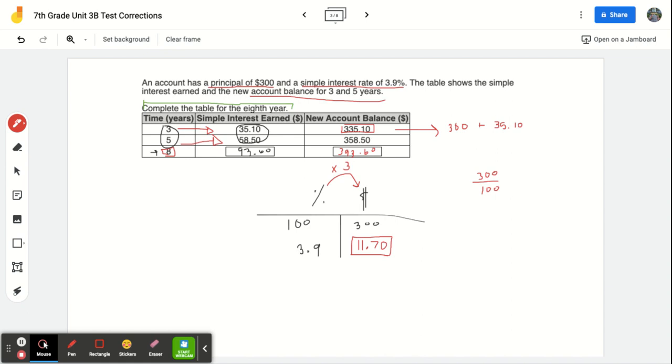So you just multiply that number by 8. So take $11.70 times 8, and you get $93.60. So without using the original table as a cheat sheet, you find out how much interest gets earned in a year, and then you multiply that by 8 because that's how long your money is sitting in the bank.